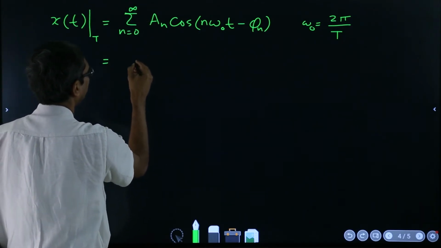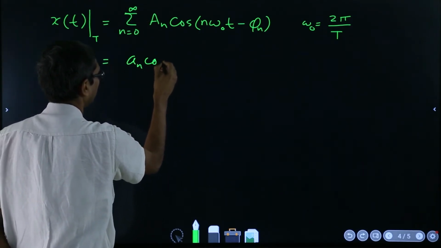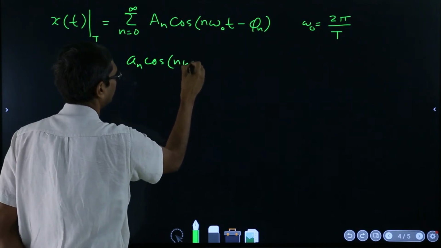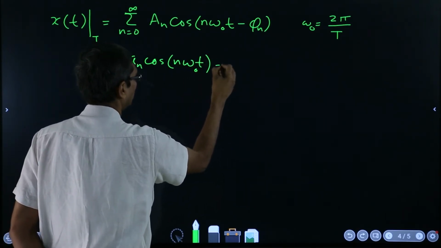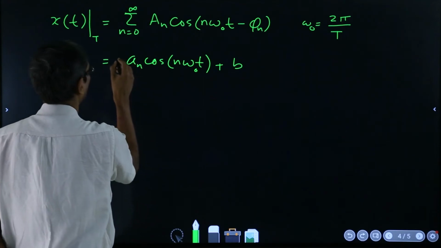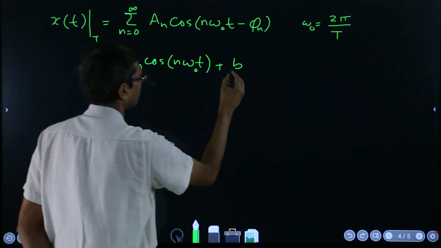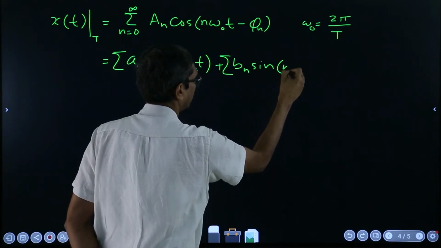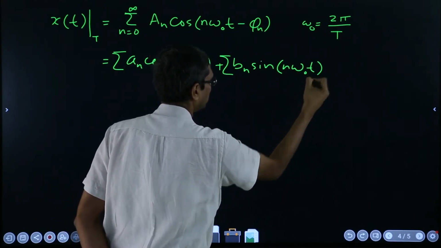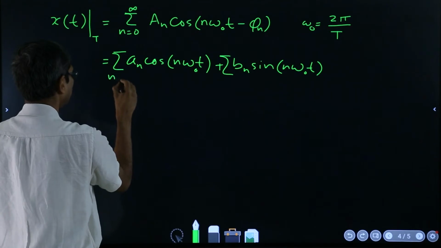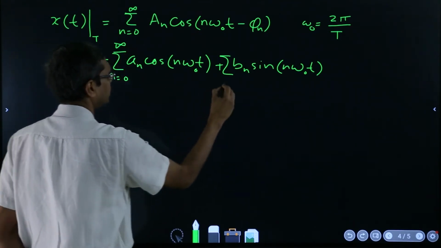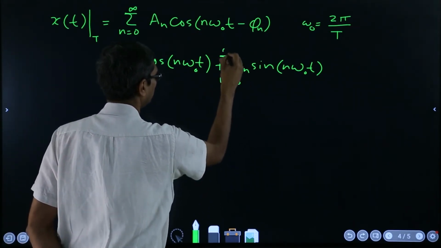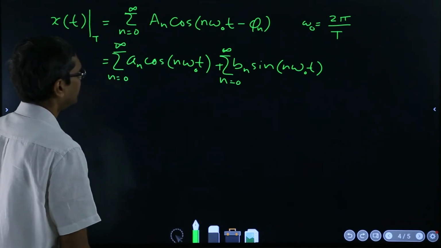So this will be equal to the summation of an cosine of n omega naught t plus bn sine of n omega naught t, again n ranging from 0 to infinity. Is that fine?